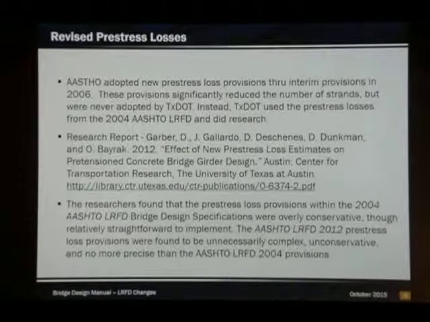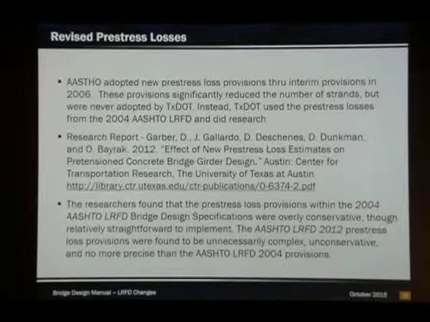Just a little bit about the research. It was done at the University of Texas, on the effect of new pre-stress loss estimates on pre-tensioned concrete girder designs. The researchers found that the pre-stress loss provisions within the 2004 specifications were overly conservative, though relatively straightforward to implement.